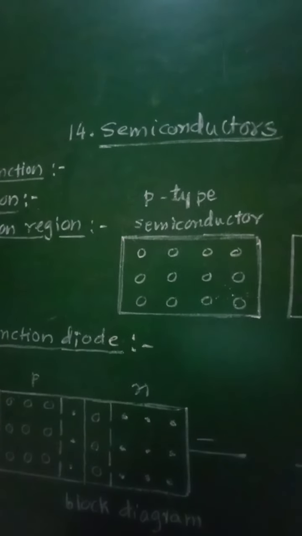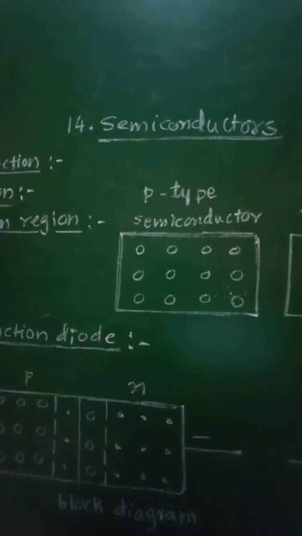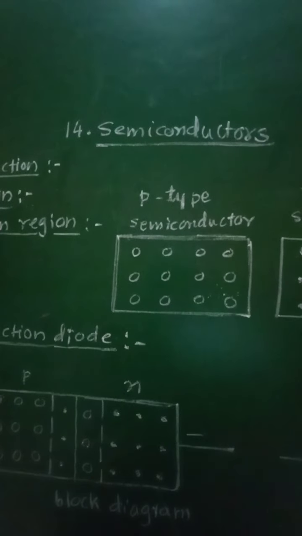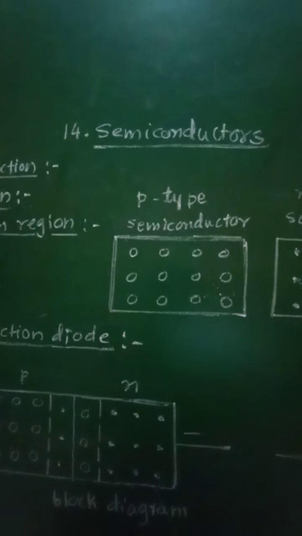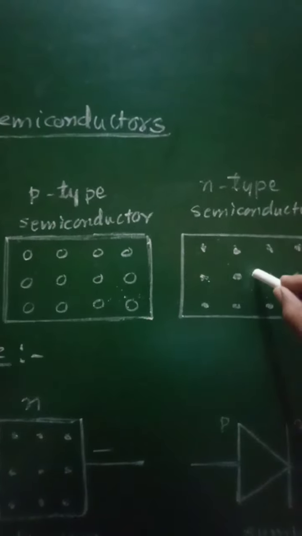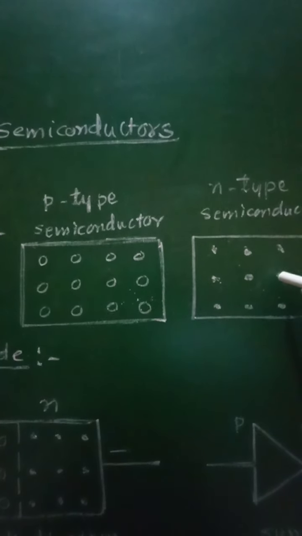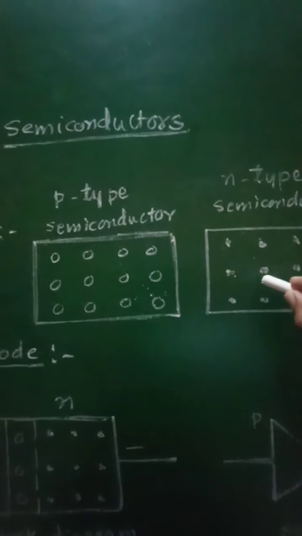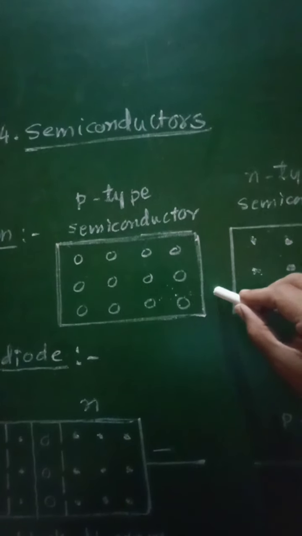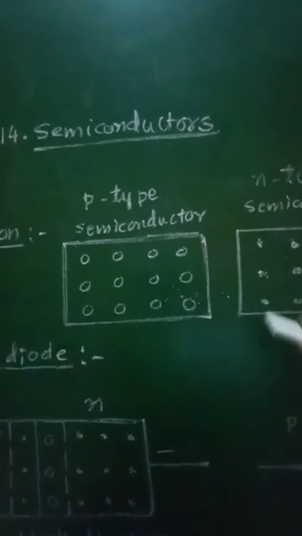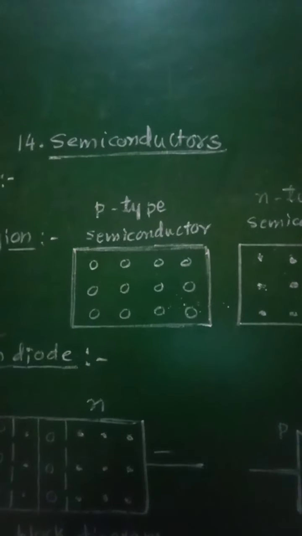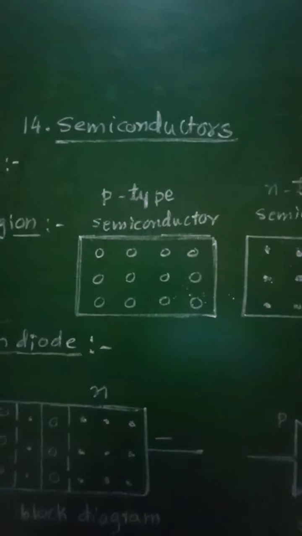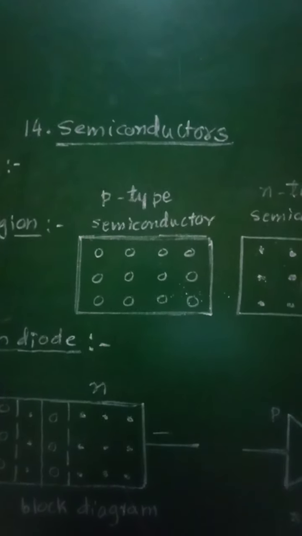When n-type and p-type semiconductor materials are fused together, initially the number of electrons on the n side of the junction is very large as compared to the number of holes in the p side. So the n side of that junction will be rich in electrons as compared with the number of holes in the p region.